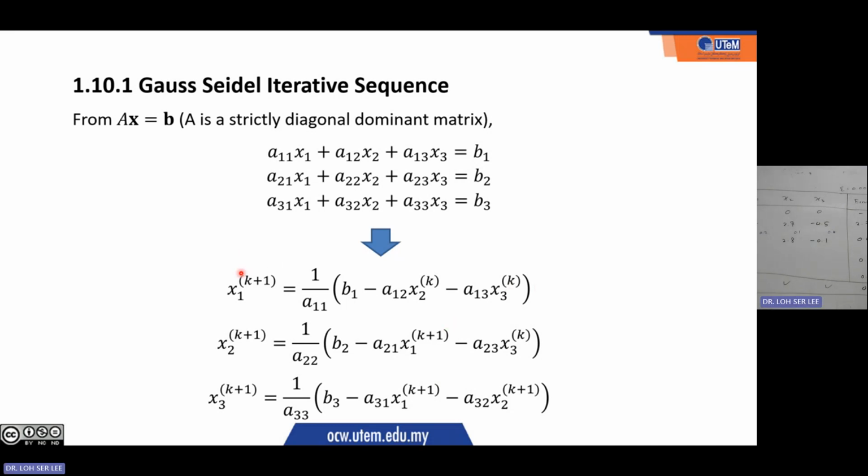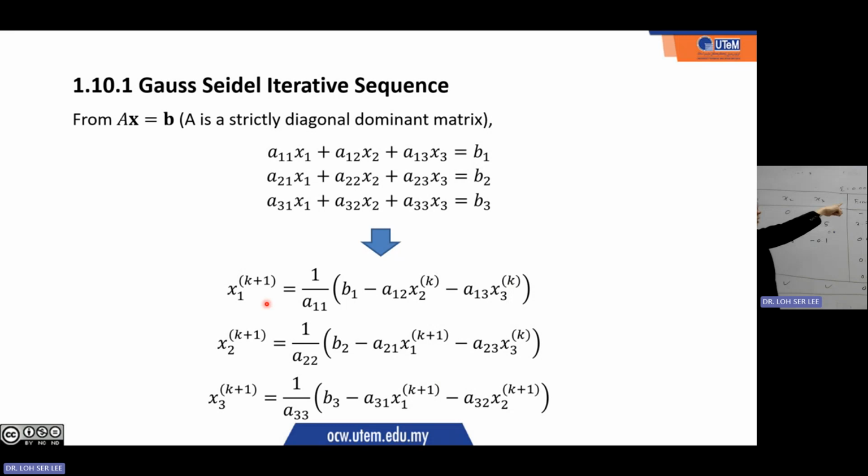If this is k plus 1, k will be this. If this is k, k minus 1 will be this one. If this is iteration k plus 1, then iteration k will be this one.